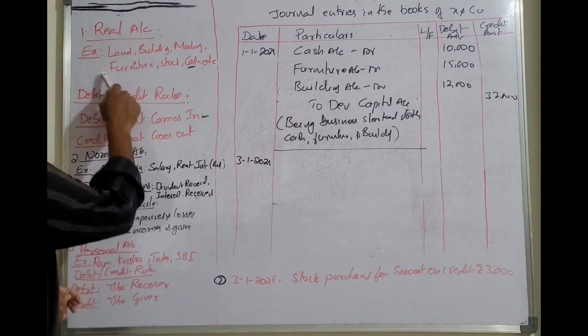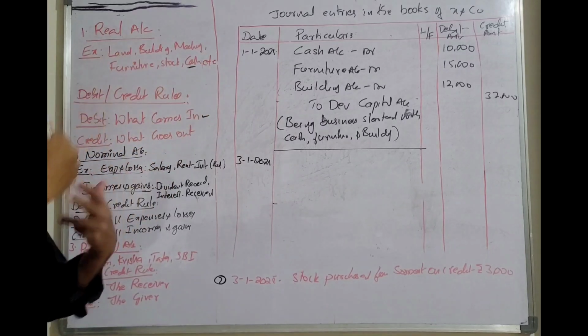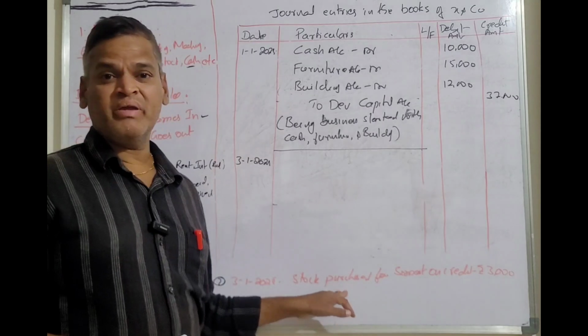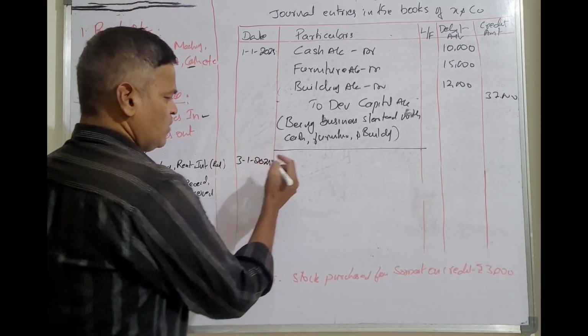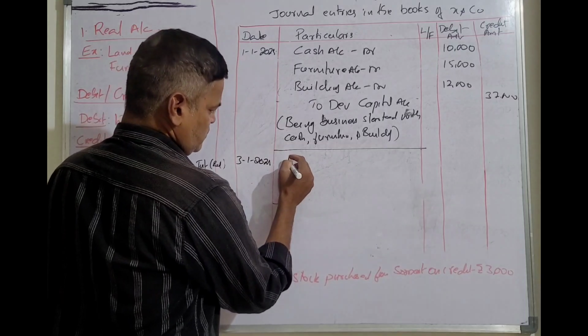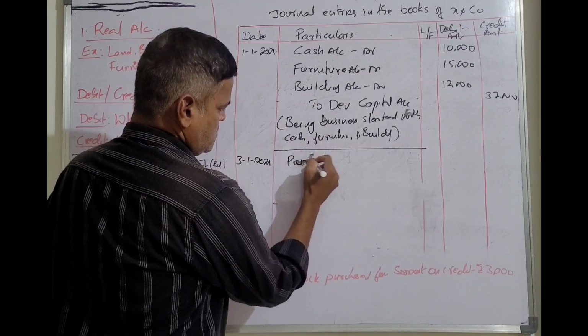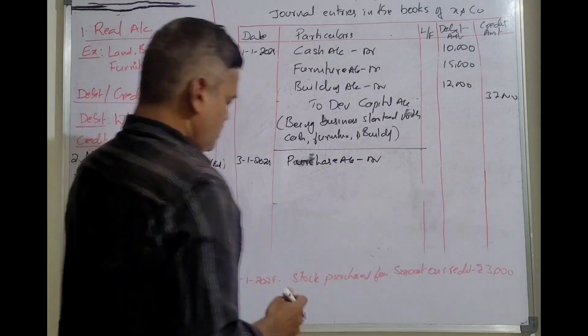Any of these assets, land, building, machinery, furniture, stock, or cash coming with the transaction, we have to write the debit. What is coming here? Stock is coming here, in the form of purchases, right? Hence, you can write stock account or purchase account. Purchase account debit. Okay, debit is over.